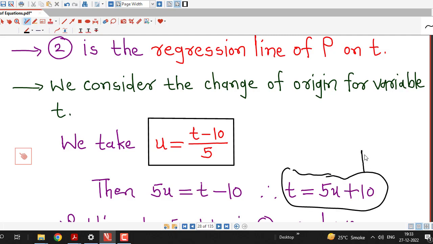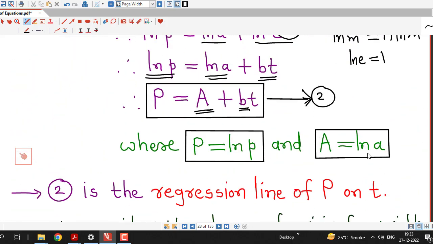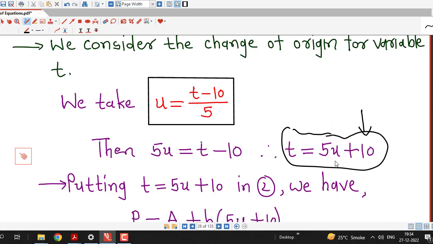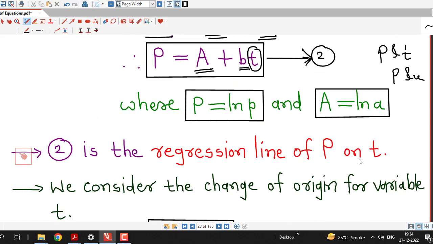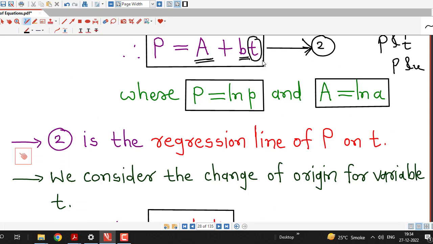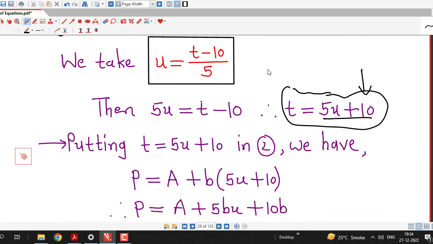So my variable t is converted in terms of u, and what I can do is put the value of t in equation number 2, and I will convert my equation number 2 from P and t into P and u. So in the next step I am considering this t value, which is 5u plus 10, in equation number 2. So here I put t equal to 5u plus 10.